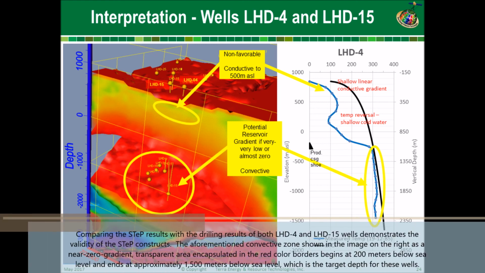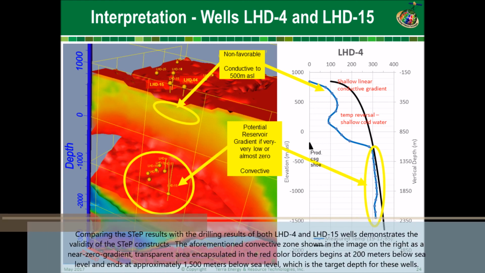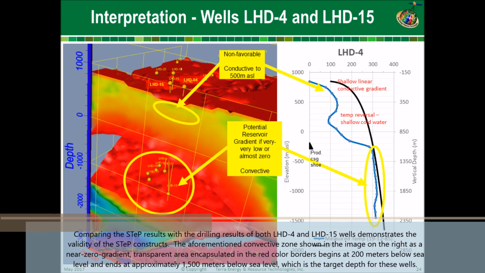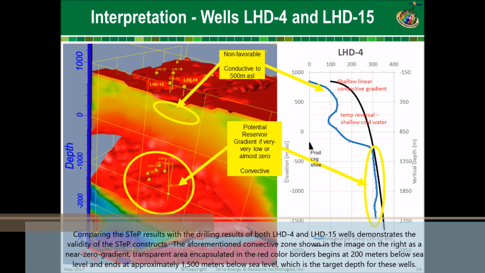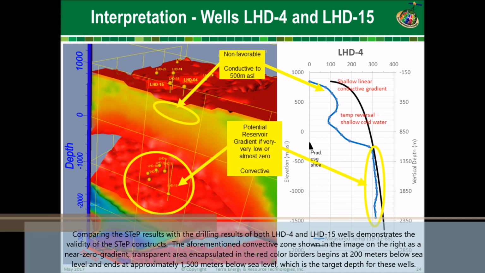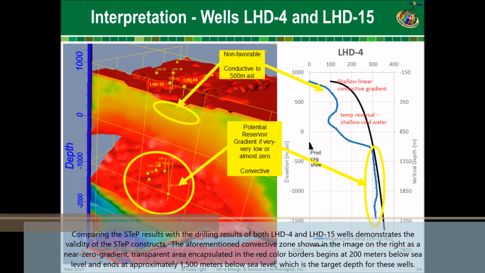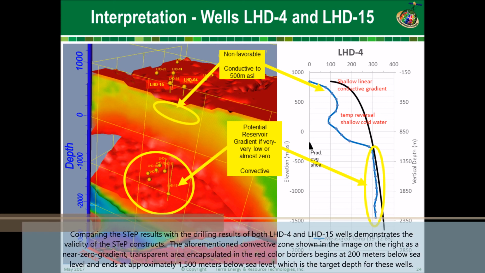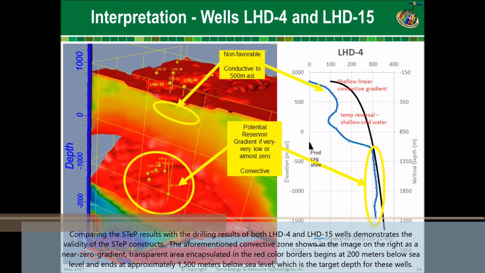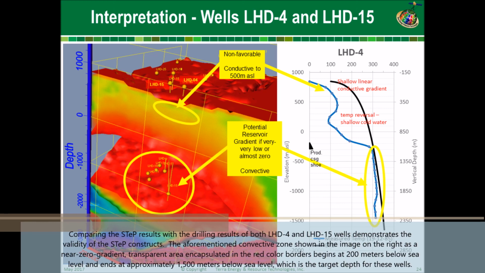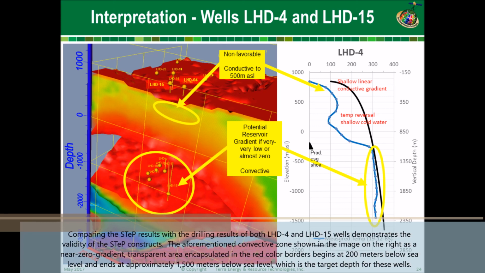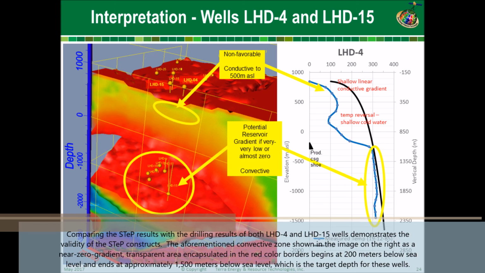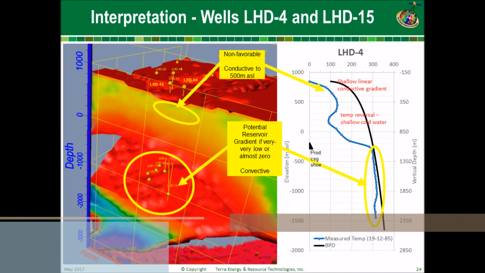Comparing the STEP results with the drilling results of both LHD4 and LHD15 wells demonstrates the validity of the STEP construct. The aforementioned convective zone, shown in the image on the right as a near zero gradient transparent area encapsulated in the red color, begins at 200 meters below sea level and ends at approximately 1,500 meters below sea level, which is the target depth for these wells.